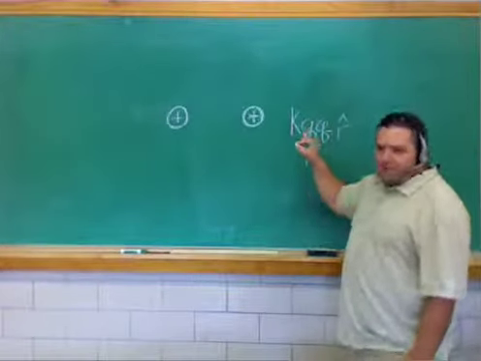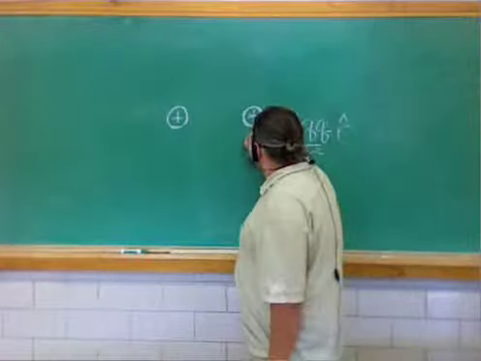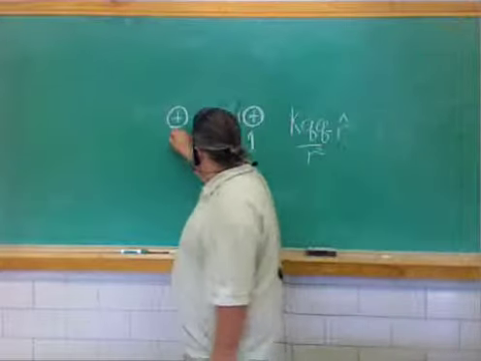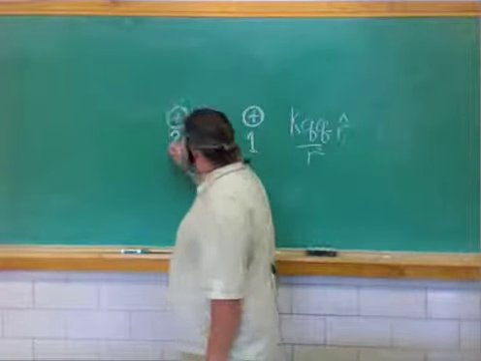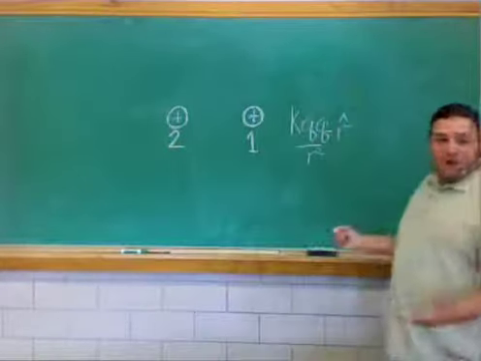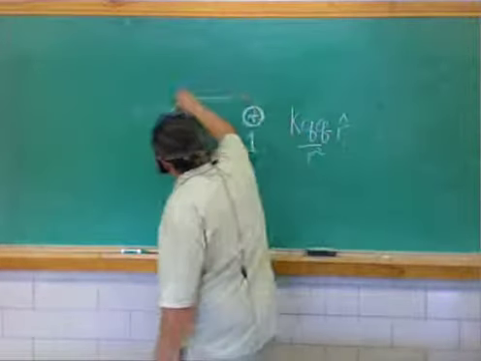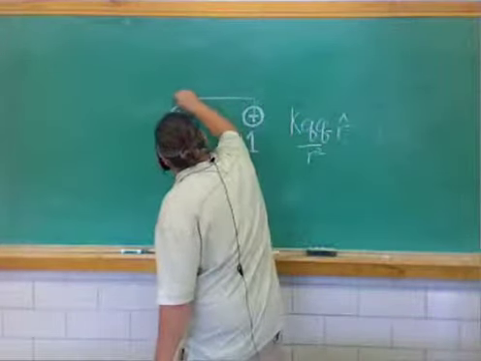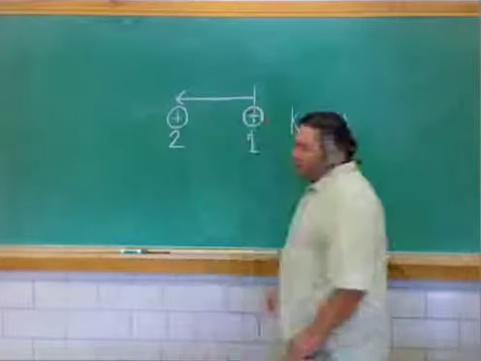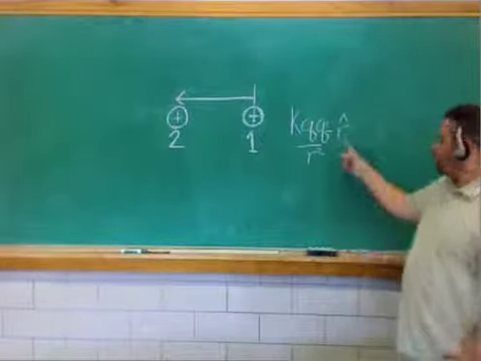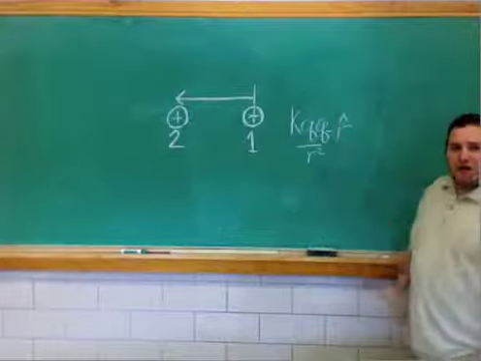Okay, so the force that this one right here, we'll call it 1, does on this one, which we call 2, we can determine the radius. So radius starts from the center and moves out. Okay, there's R right there. So the direction of the force is in the direction of R. That's why we have this R hat notation.